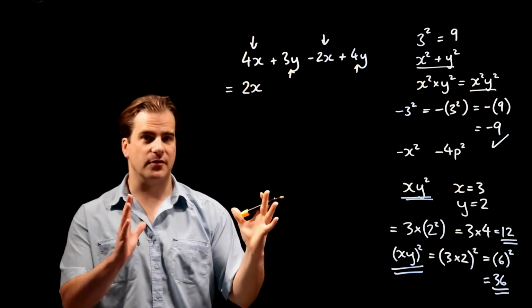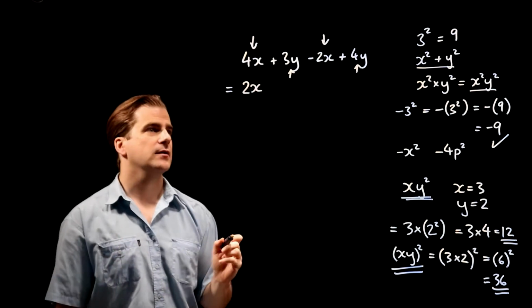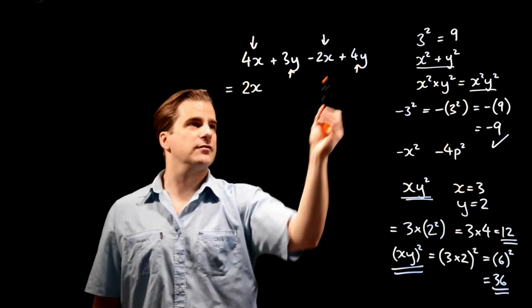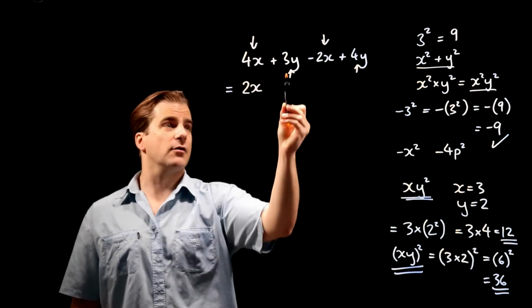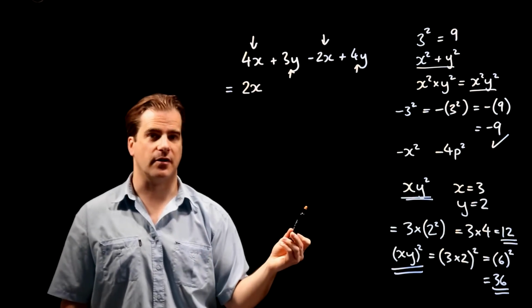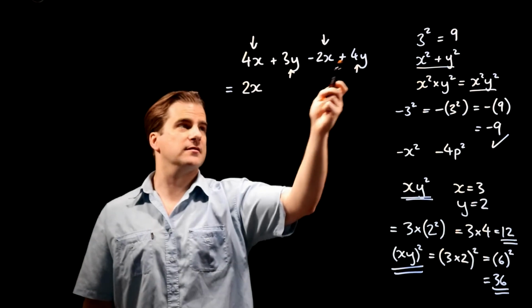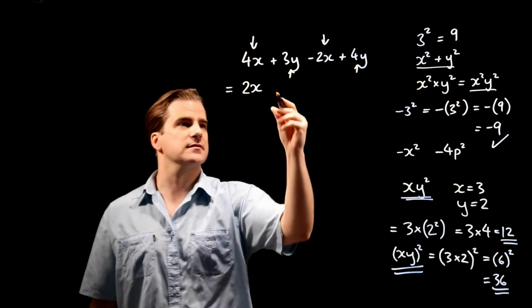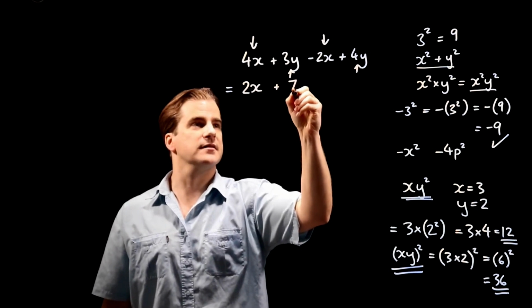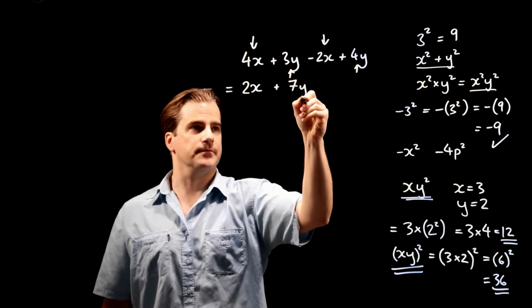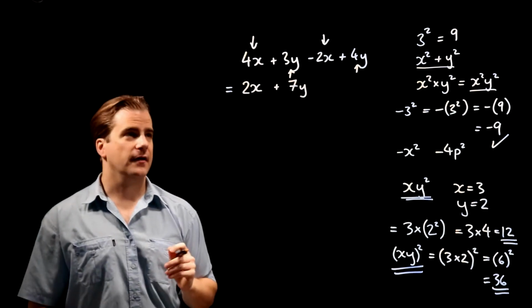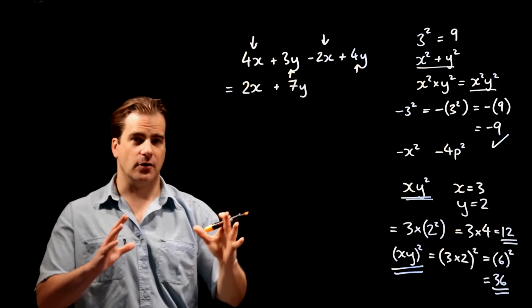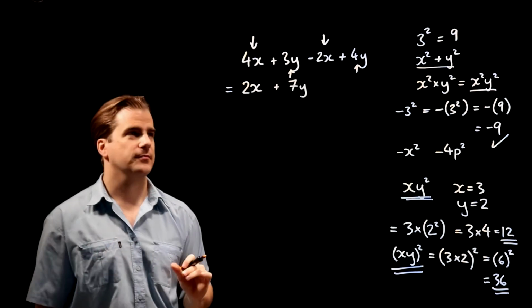They're the same type of term, so we can combine them. Plus 3 plus 4 is plus 7. You've got 3 of something plus 4 of something. It's like 3 apples plus 4 apples is 7 apples. So it's plus 7y. And that's called simplifying or combining like terms.